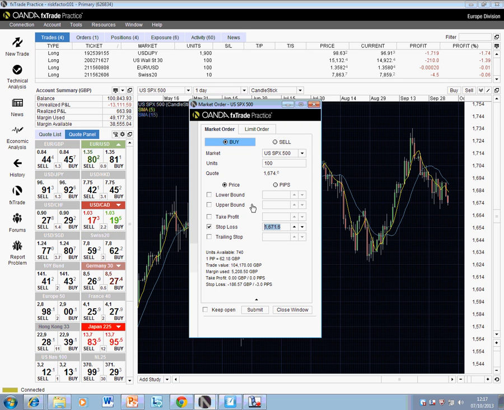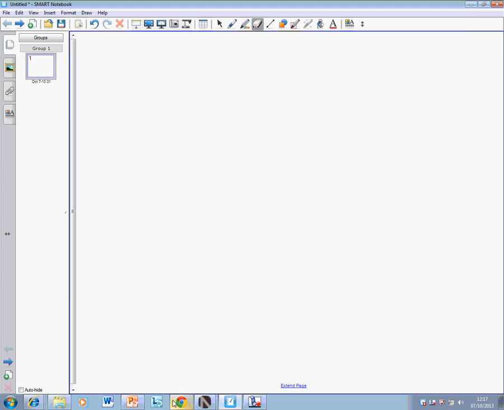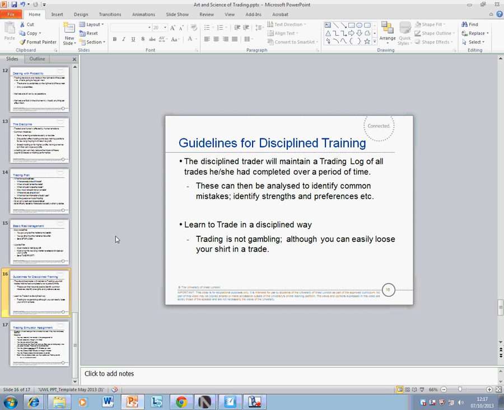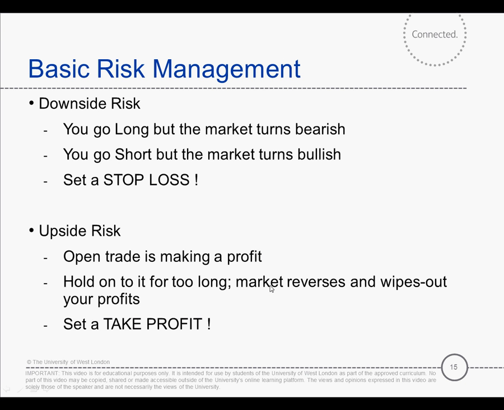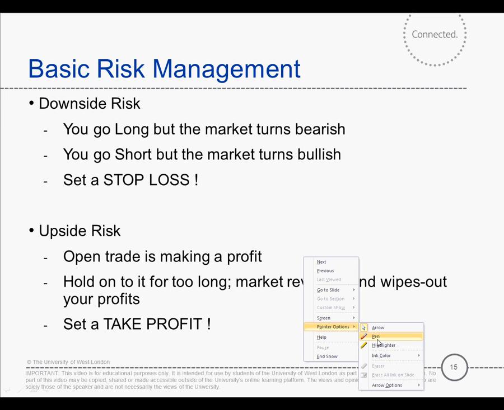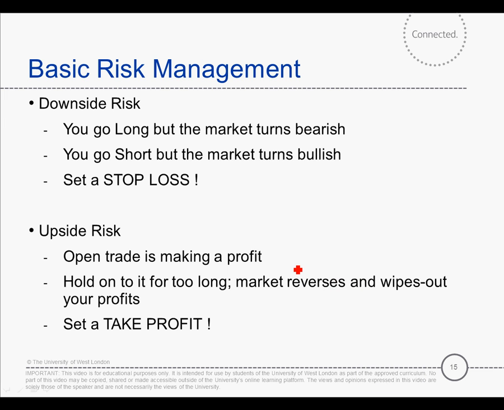Now, you also face an upside risk. And the upside risk you take is, what if the market is moving in the way you want to go? So again, with the previous example, the market's been moving up.